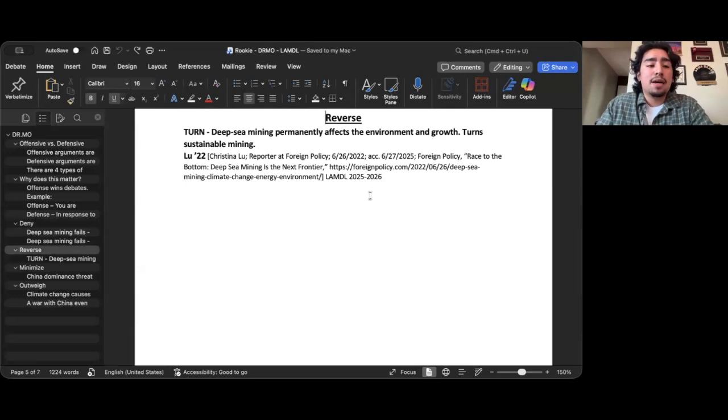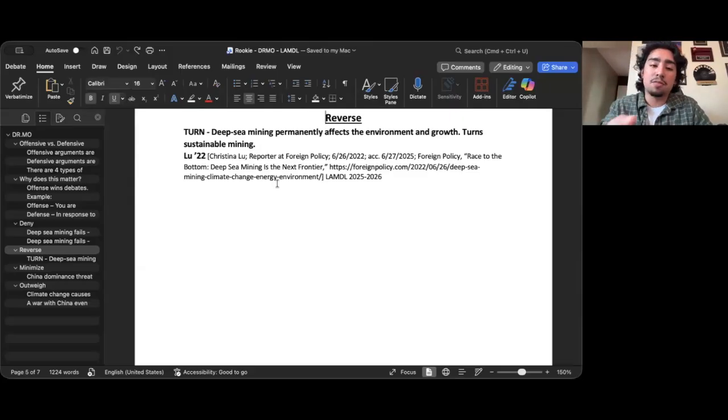The second letter in this acronym is R in DR.MO. These are reverse arguments. Reverse arguments just say that the opponent's claims are the exact opposite and result in a worse outcome. So this is a negative argument that says deep sea mining permanently affects the environment and growth. That turns sustainable mining, so it makes sustainable mining worse. This is a form of offensive argument because it tells the judge that my opponent's claims result in the world being worse.